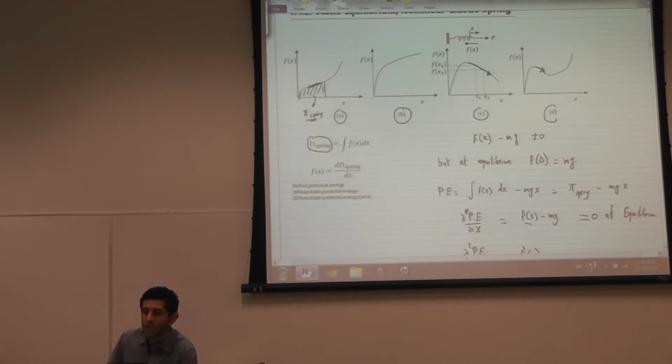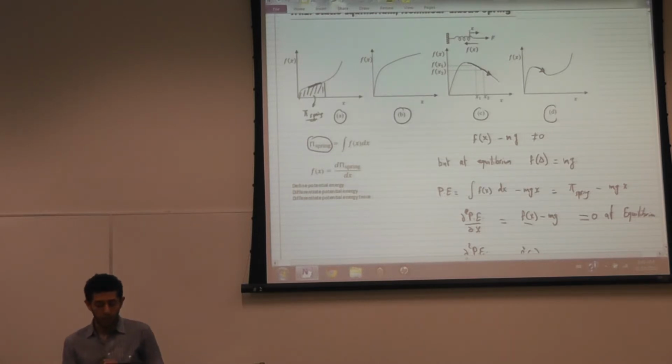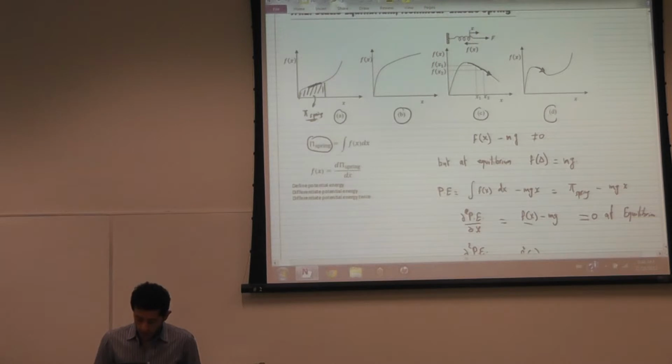That means that the system is really unstable. It's just waiting for any perturbation to move away from equilibrium. And let's look at it. Let's pick any point. Let's pick point x1. Let's say that the external force F is in equilibrium with x1.